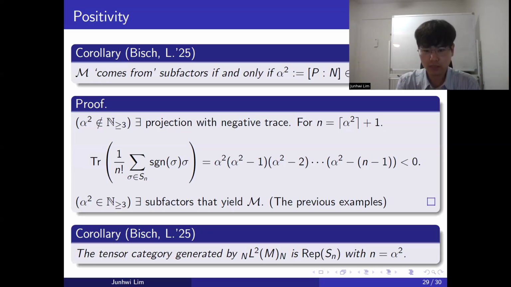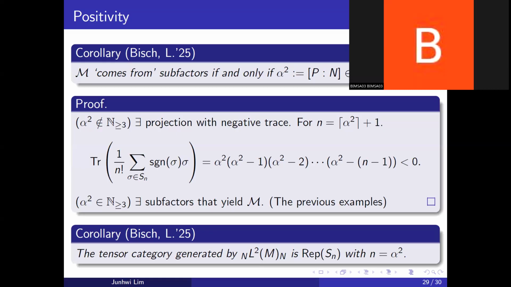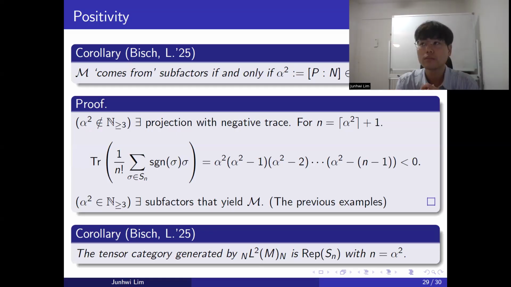What I suspect is subfactors may not be a good tool for studying braided categories because usually we don't have the braiding. Or maybe there's a generalization. Because I want to think about quantum groups, for instance.